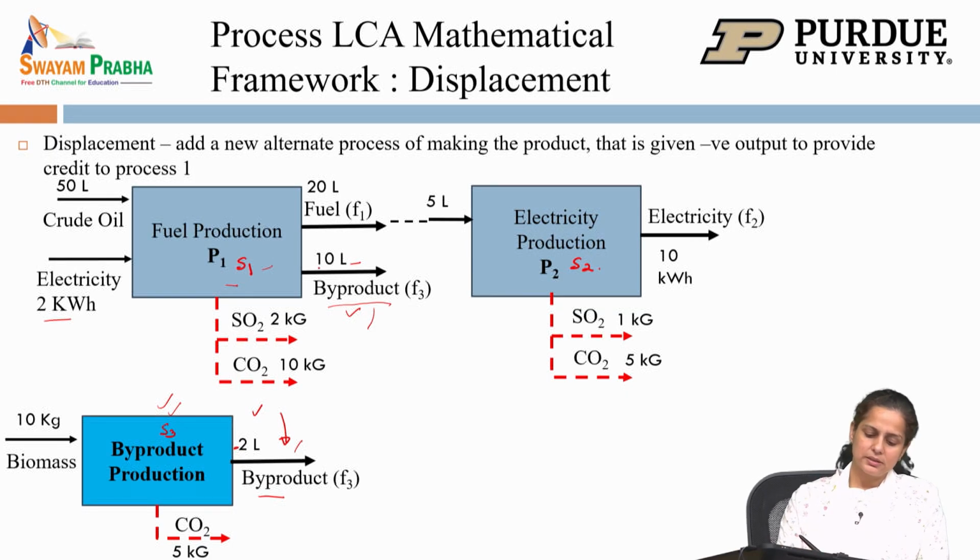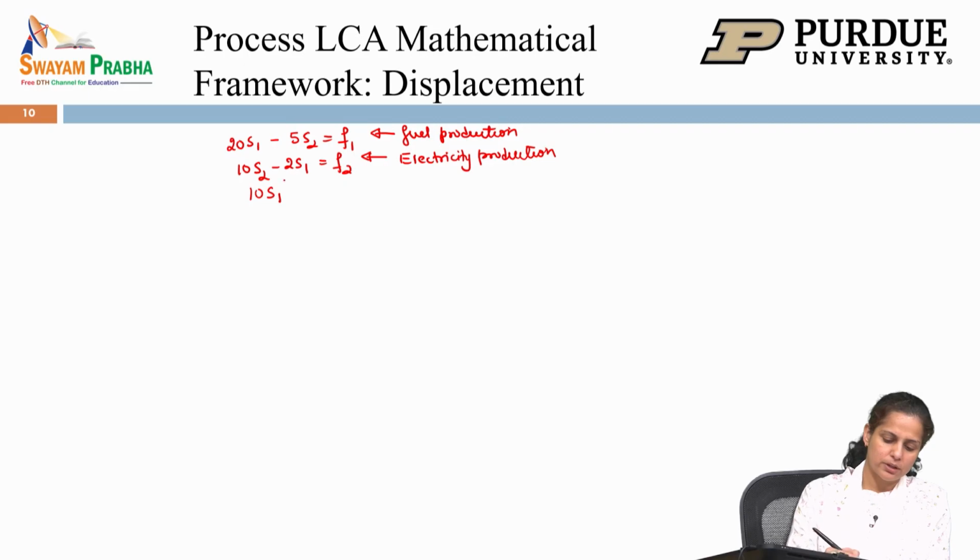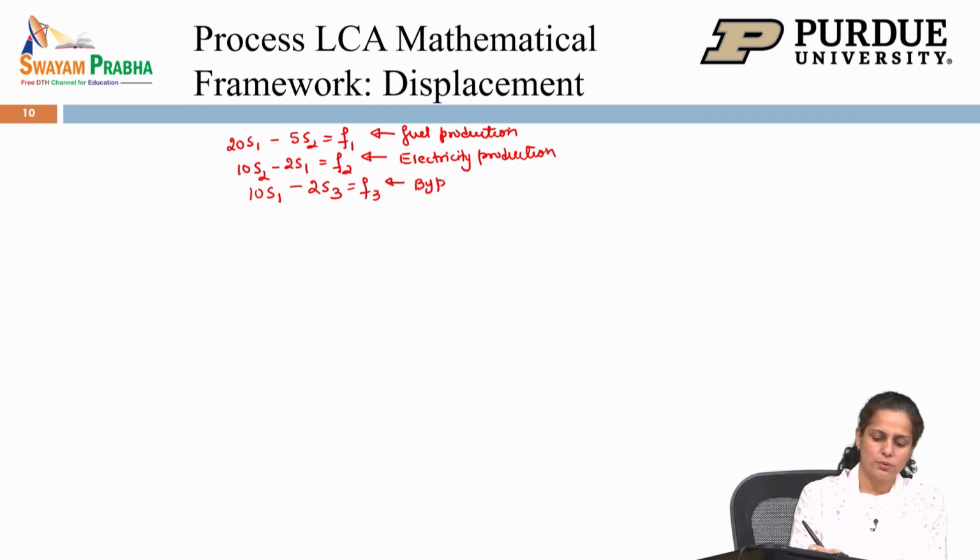In this case the byproduct that is being made is 10 times S1 and we want to reduce the output from this one. So, we are going to say minus 2 times S3. We are going to increase the production of byproduct by 10 times S1, but we are going to reduce the production from the alternate route. So, we are going to scale it further and that is F3. So, that is going to be the byproduct production in the network.